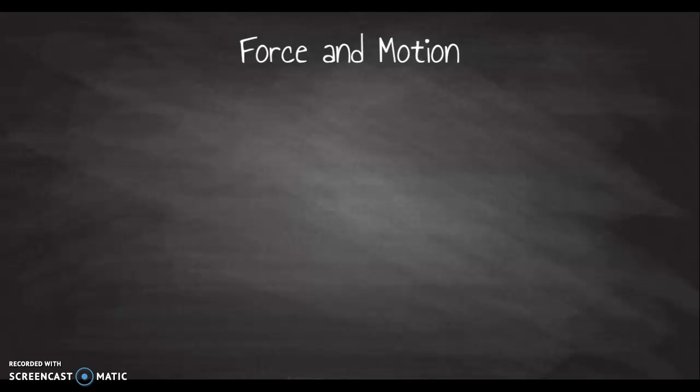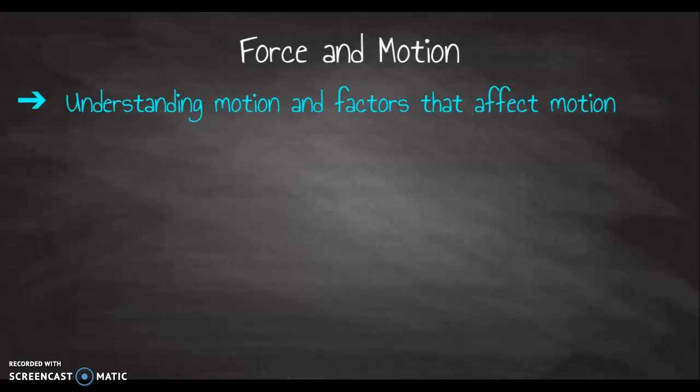We then move into force and motion for the second unit for the second 9 weeks. So force and motion, students will be working on understanding motion and factors that affect motion. As part of this, students will work on comparing the speed of objects, if they go faster or slower.